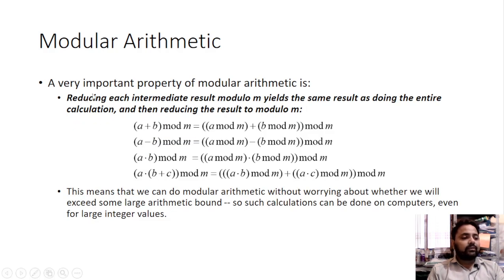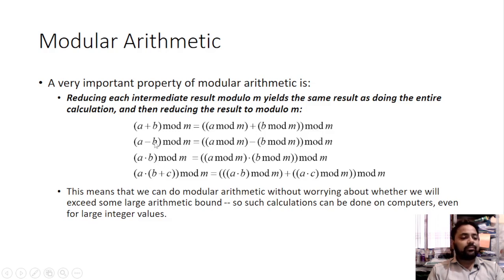A very important property of modular arithmetic is that reducing each intermediate result modulo m yields the same result as doing the entire calculation and then reducing the result modulo m. Like (A plus B) mod m equals (A mod m plus B mod m) mod m.